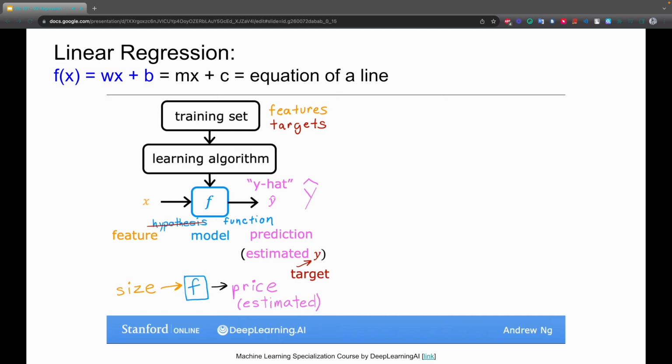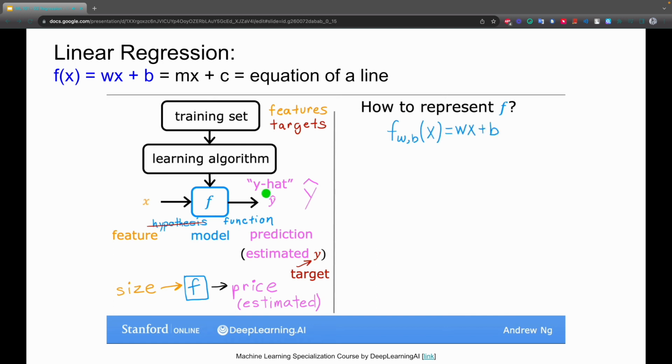Now, when we design a learning algorithm, a key question is, how are we going to represent the function f? Or in other words, what is the math formula we're going to use to compute f? For now, let's stick with f being a straight line. So your function can be written as f subscript w,b of x equals w times x plus b.